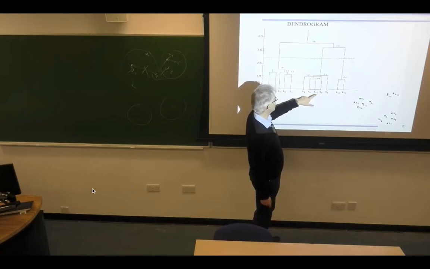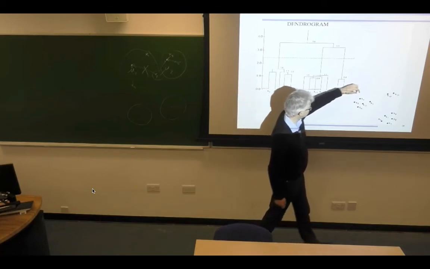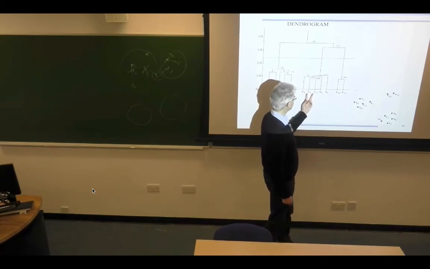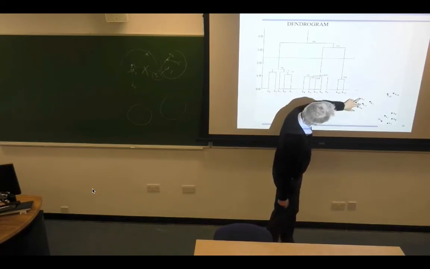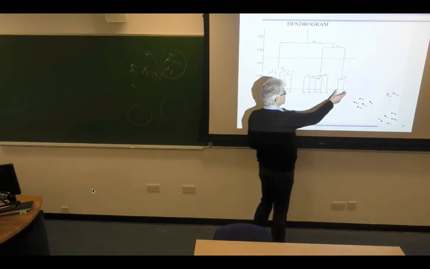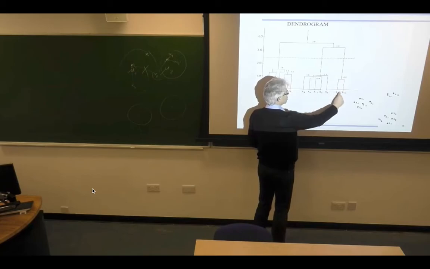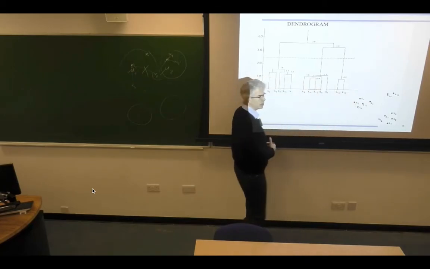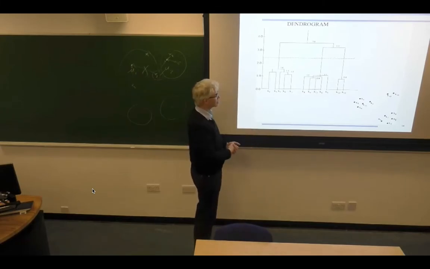And on this diagram, it looks like 10 and 12 are the closest. Next ones would be 4 and 11 would be the next closest. And as we merge 10 and 12, that's got a cluster cost that takes us up to 0.8. Once 4 and 11 merge, we're now up at 0.9 as the total squared distance.